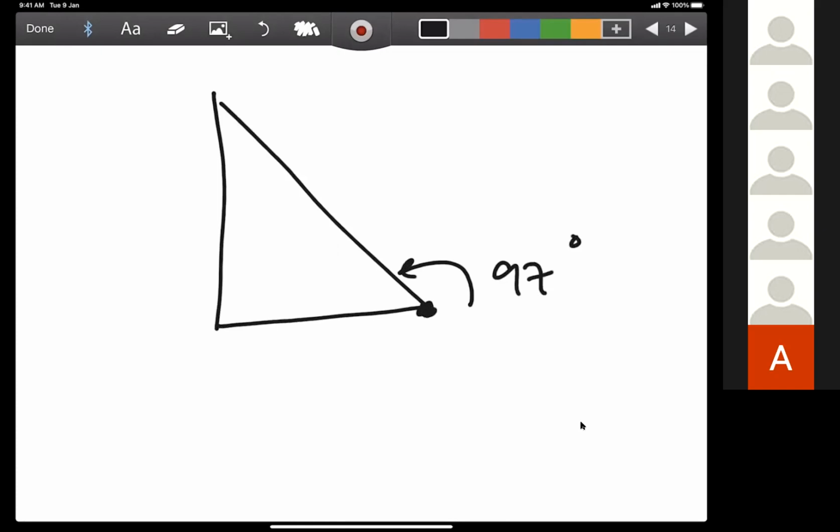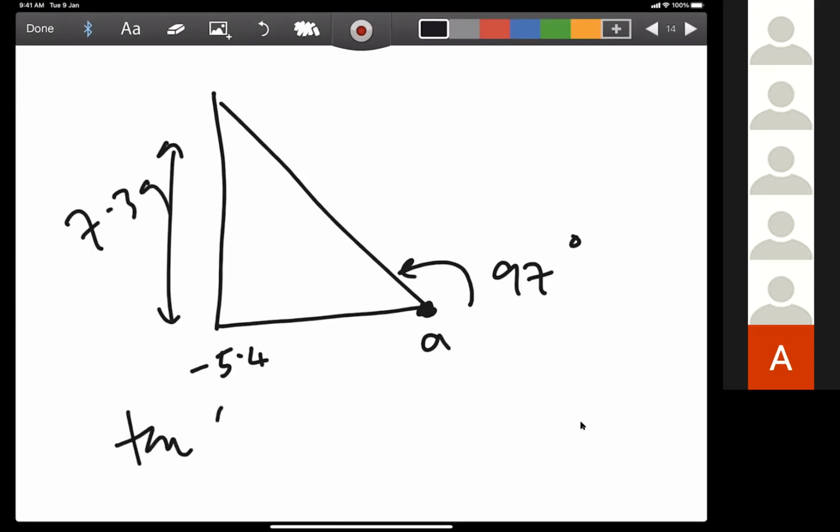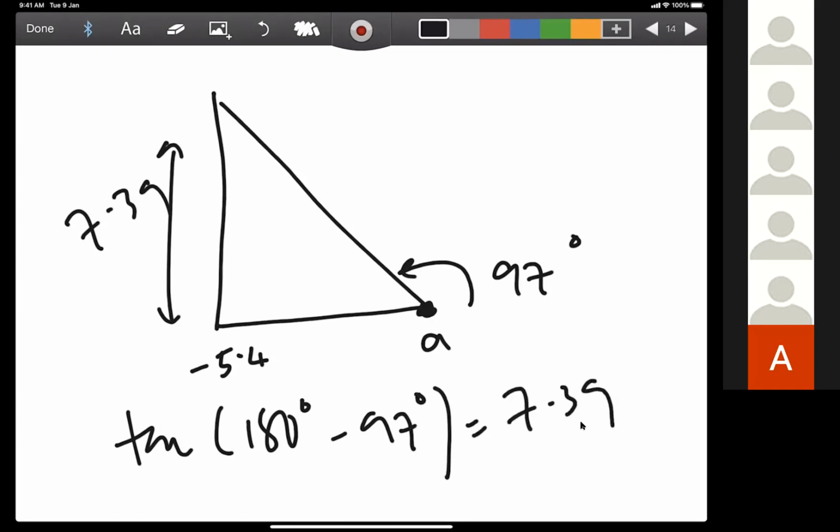Okay, so let's say this one is A, value unknown. This is minus 5.4. And this one is 7.39. Okay. So tangent of 180 degrees minus 97 equals 7.39 over 5.4 minus A, the value.